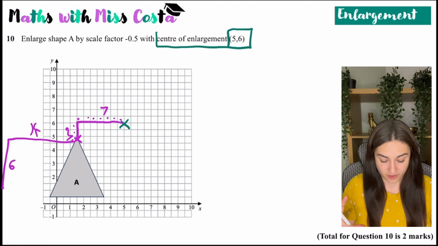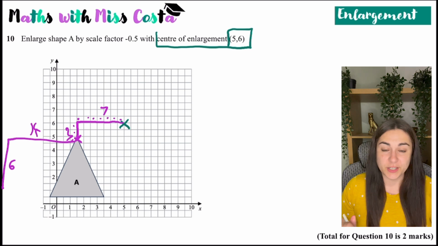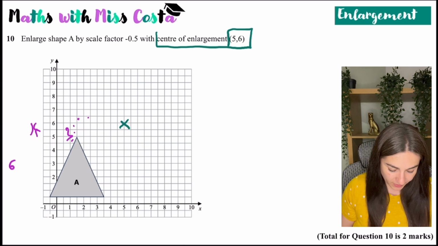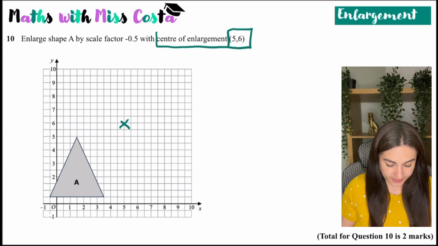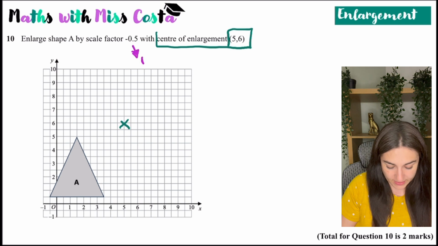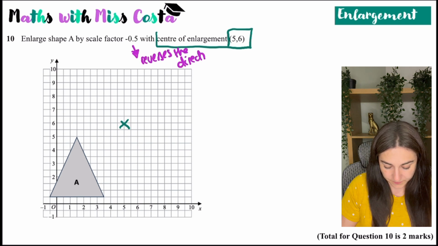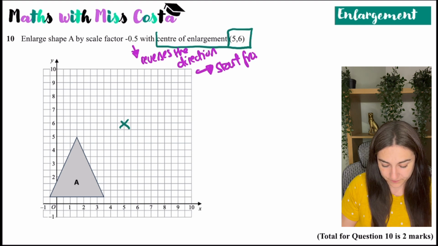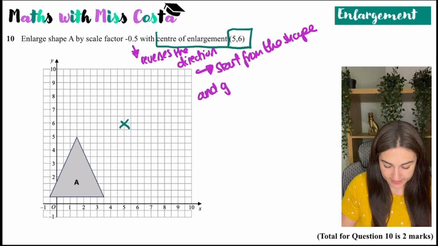So for normal enlargements, you go from the center of enlargement to your shape. But with a negative enlargement, it reverses the direction, and you actually start from the shape and then go towards the center of enlargement.